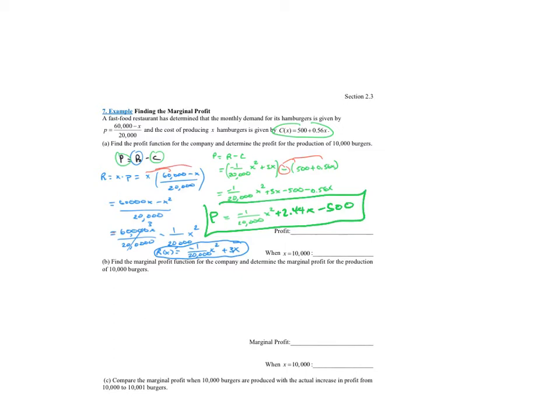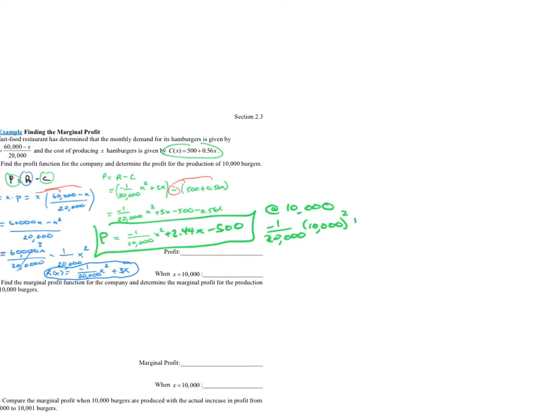Now it wants to know what's the profit when X equals 10,000. So at 10,000, let's just plug that in. We would have negative 1 over 20,000 times 10,000 squared plus 2.44 times 10,000 minus 500.